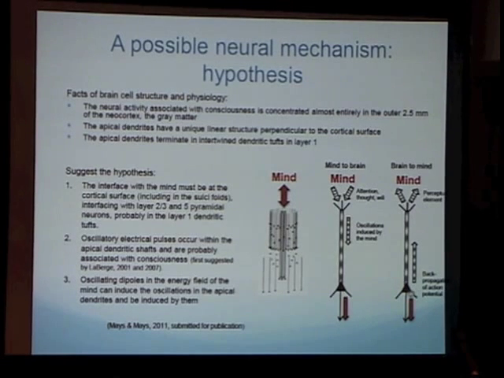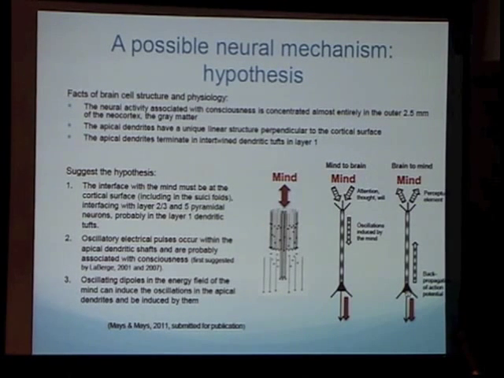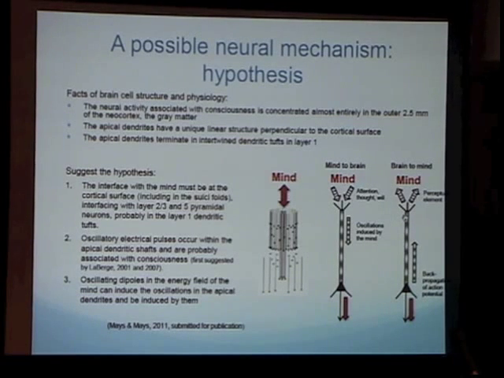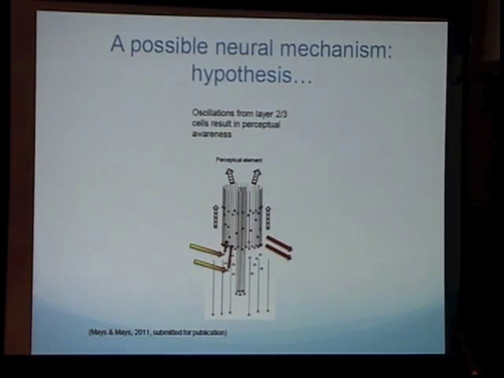Likewise, when a cell does fire, it produces what's called a back propagation of action potential, which is measured, and that's an accepted phenomenon. That oscillation could also influence the mind to have its own oscillatory response. It would induce perceptual elements. So with that in mind, here's how perception would work.